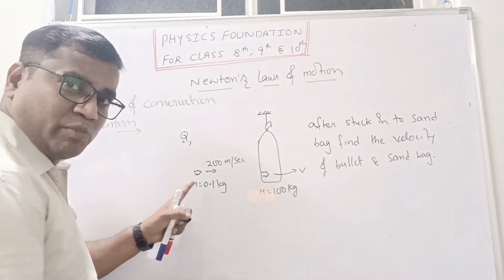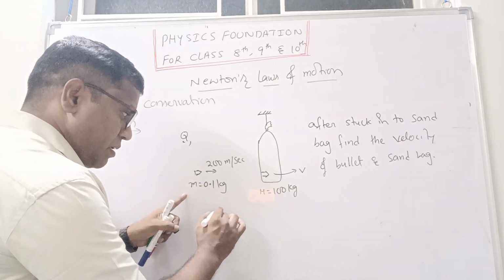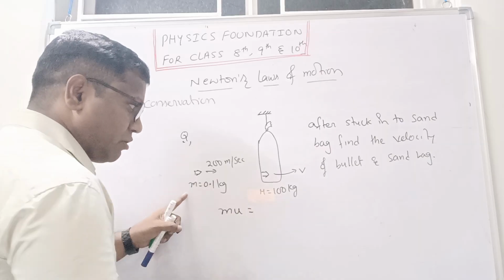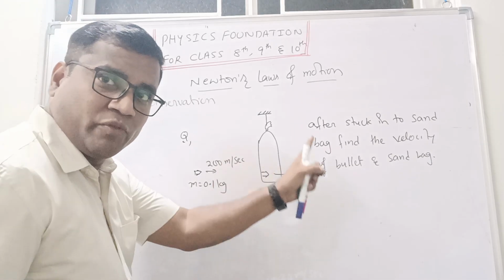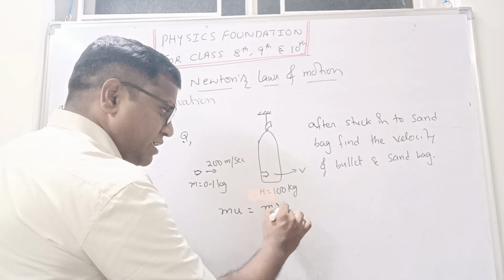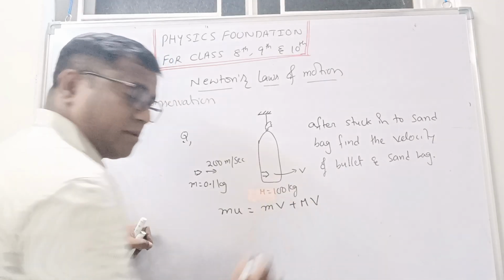Initial momentum here is mass into velocity. After hitting, both are moving, so final momentum is mass into velocity plus mass into velocity.